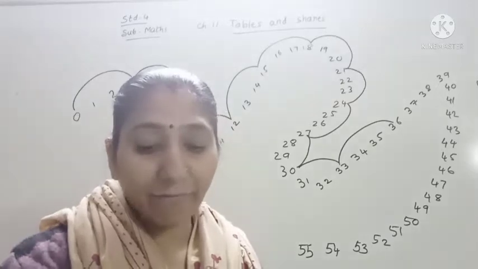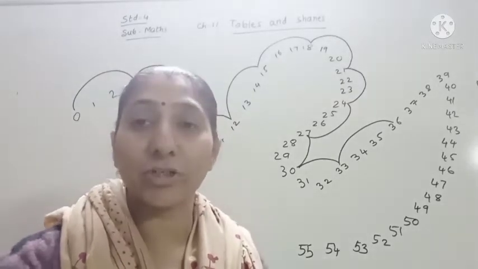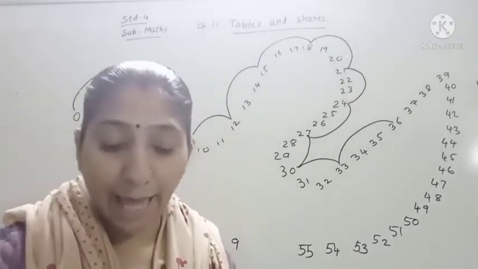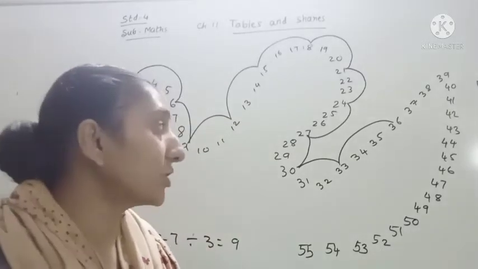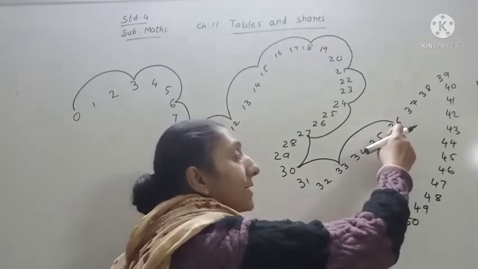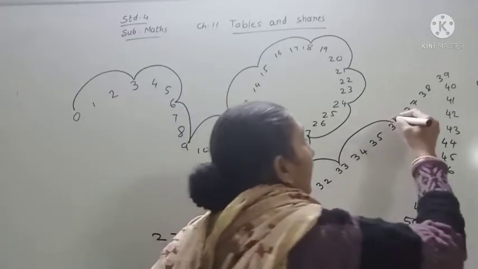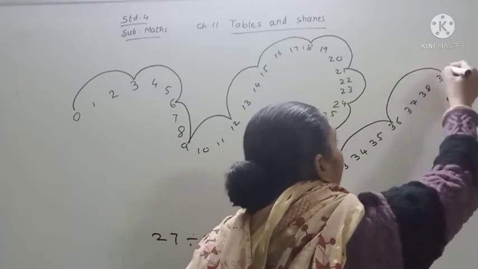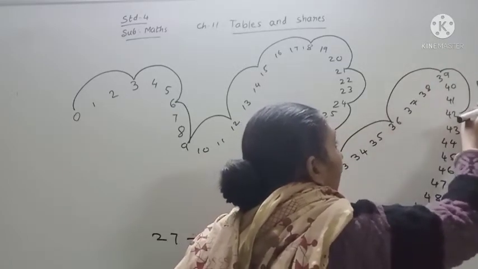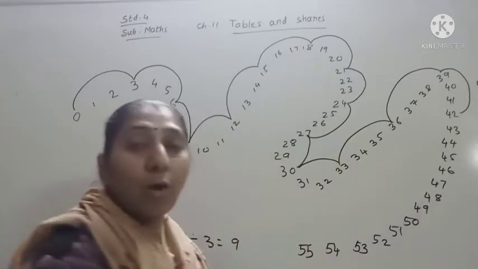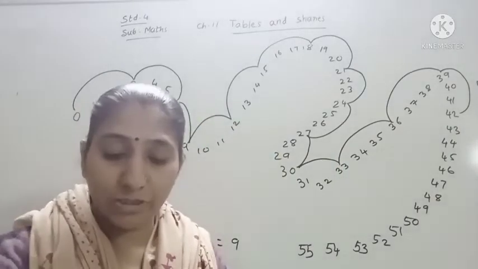If he is at 42, how many jumps has he taken? Till 36 there are 12 jumps. Then 39 and 42. So 12, 13 and 14. So 14 jumps.